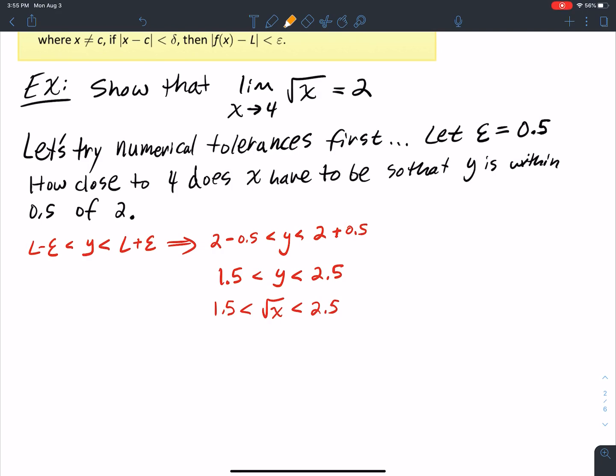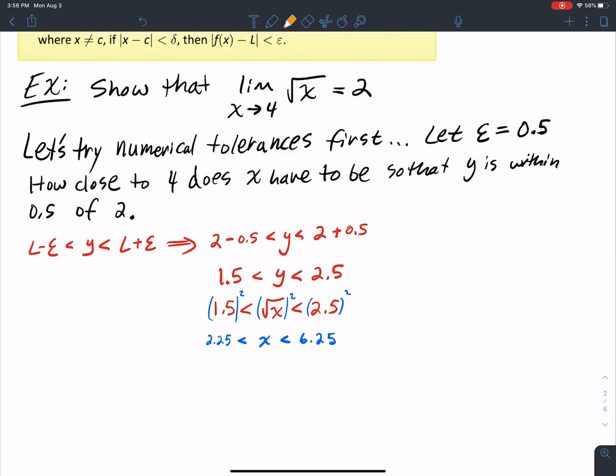And now what am I trying to do? I'm trying to get my x by itself because I want to know how close x has to be to 4. So I'm going to square this square root to get rid of the radical. And if I square the middle, I get to square everything.